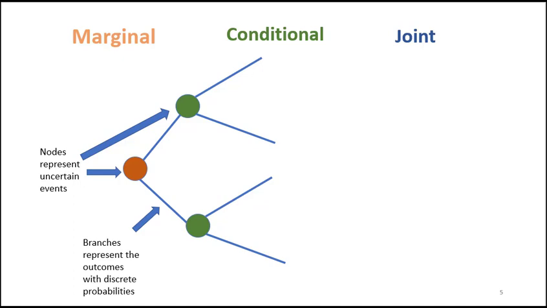The orange node and branches that come from it represent the marginal probabilities. They are not conditioned on the outcomes of any other events. We can calculate the joint probabilities by multiplying the marginal and the conditional probabilities. Please stop the video and sketch down this probability tree. You don't need to write down the words associated, just the structure.